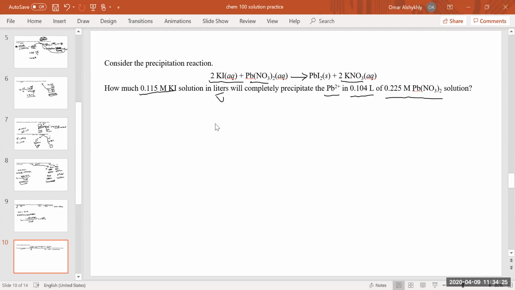Now, here, don't forget, first of all, we need the mole-to-mole ratio. We will use the mole-to-mole ratio between which chemicals? Between KI and Pb(NO3)2.